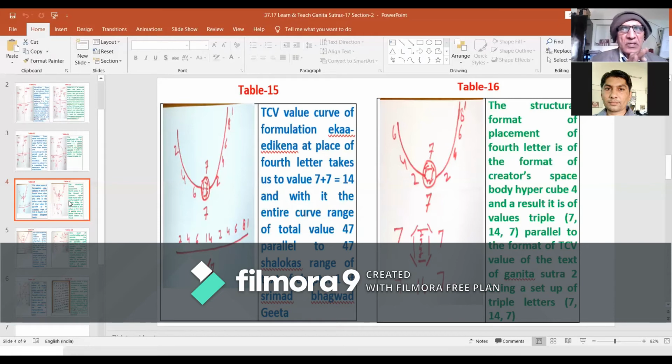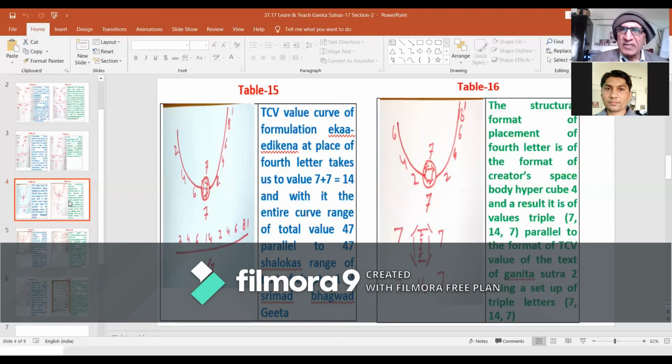Therefore, the applied value of this format of Ganita Sutras is direct attainment parallel with the organization format of Srimad Bhagavad Gita.